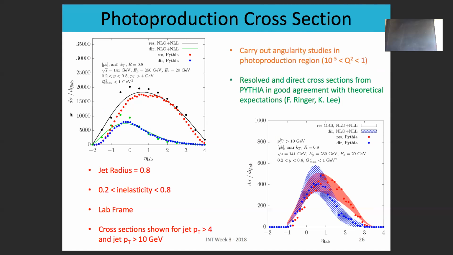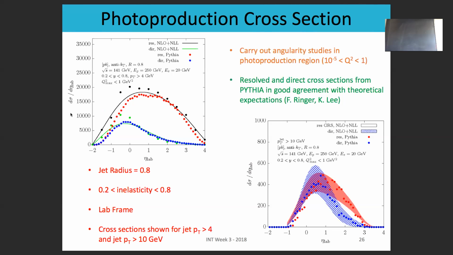And here I've also changed my jet finding parameters a little bit. I'll just mention we go down to a slightly smaller radius of 0.8, a more restrictive inelasticity cut, and now we're doing our jet finding in the lab frame. And at low Q squareds, the difference between your lab frame and your Breit frame is more of just a boost along some direction, and so it doesn't matter as much.